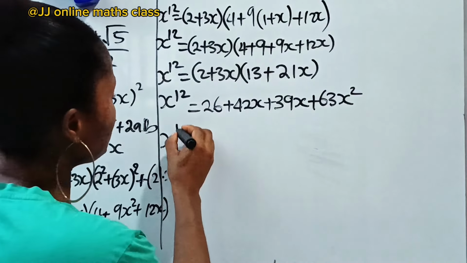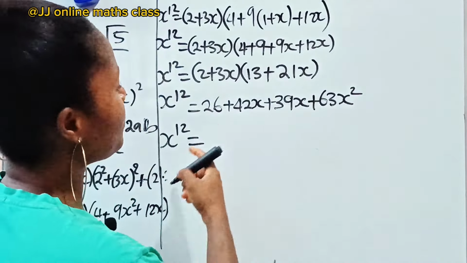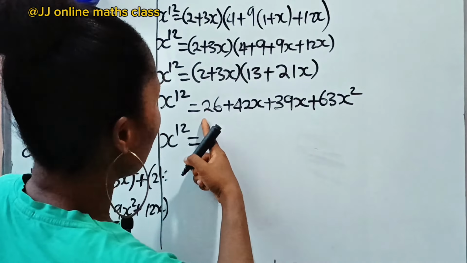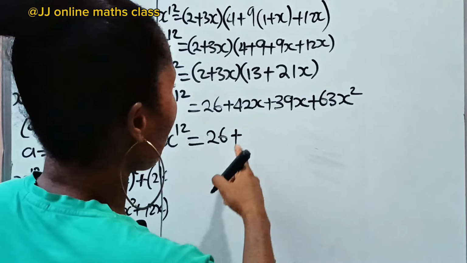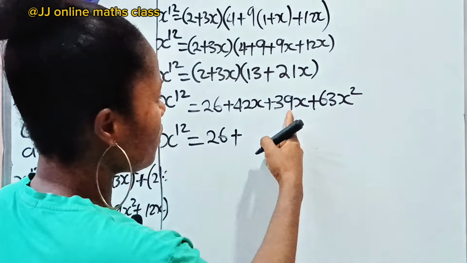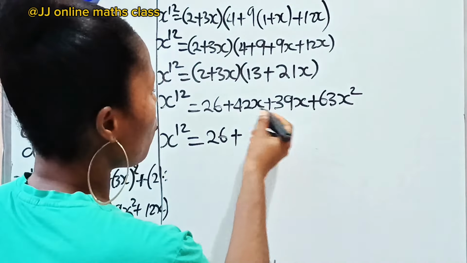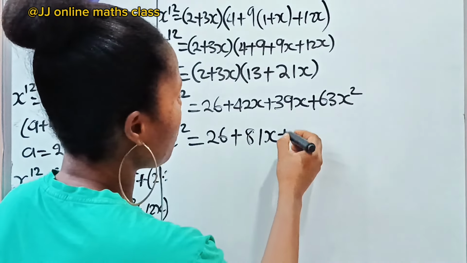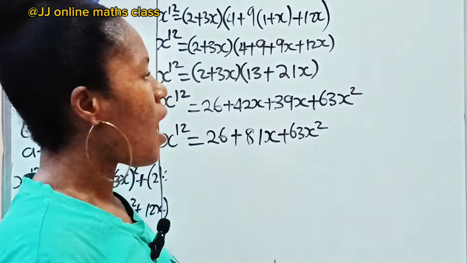Okay, so we have x to the power of 12 is equal to, now 26. We have only 26 here, plus 42x plus 39x. 9 plus 2 will give us 11. We carry 1, right? 1 plus 3 is 4 plus 4 is 8. So we have 81x plus 63x squared. Recall our drill.